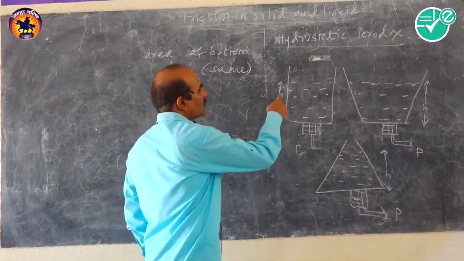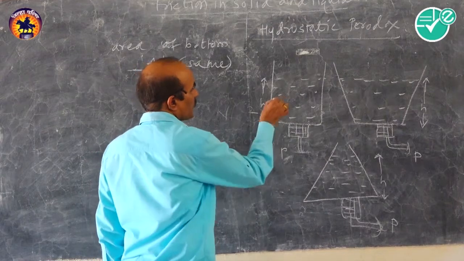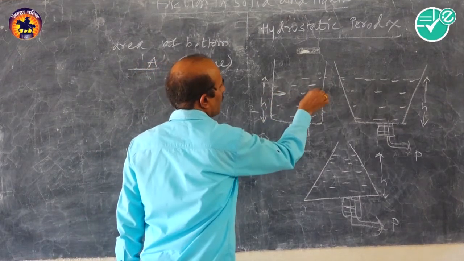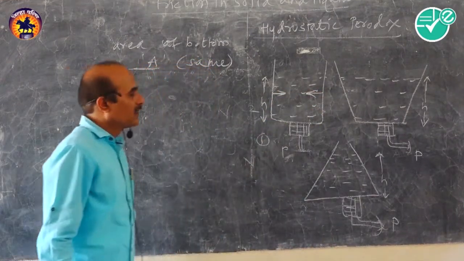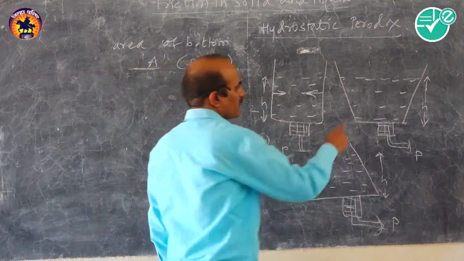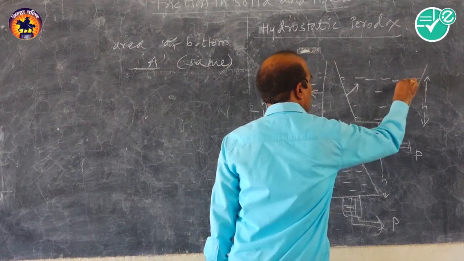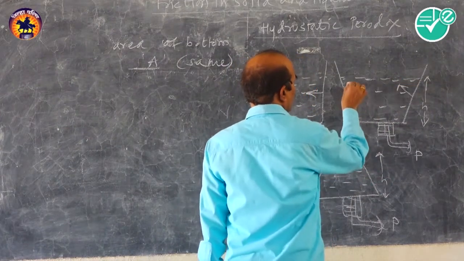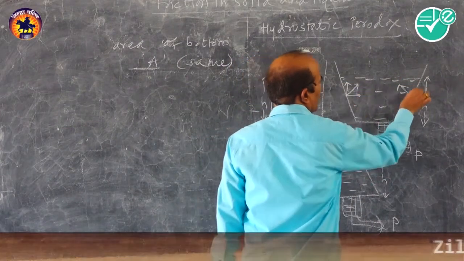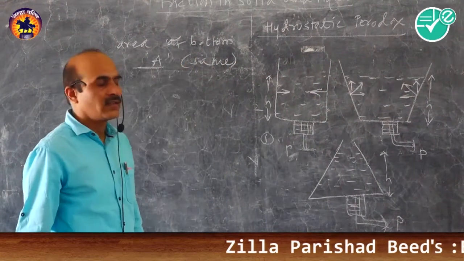We say that there is no vertical component for the first vessel, so there is only a horizontal component, and it can be balanced by this. In the second vessel, this is the resultant, and we can resolve the components like this. There is a horizontal component as well as a vertical component.